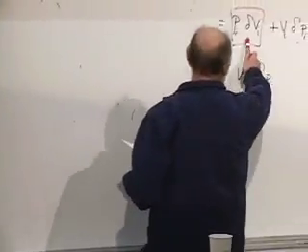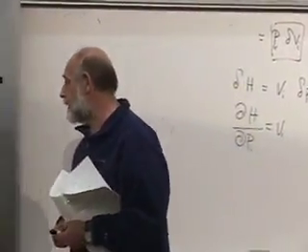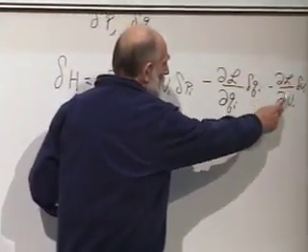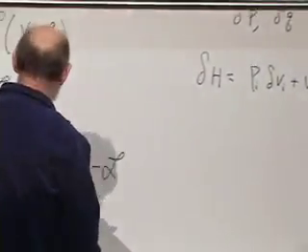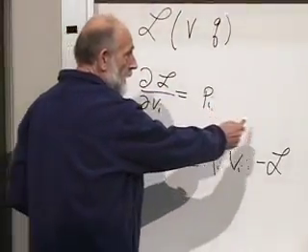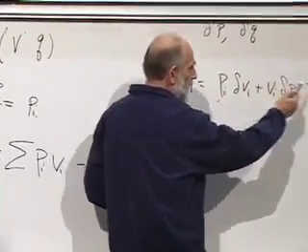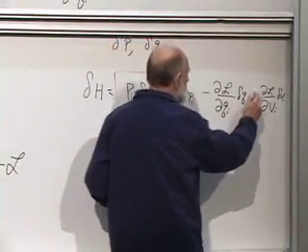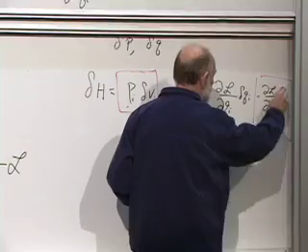In fact, the same cancellation takes place over here. Remember that dL by dv sub I is p sub I. Here's p sub I. Here's p sub I. Things in the red squares cancel again. They're gone.